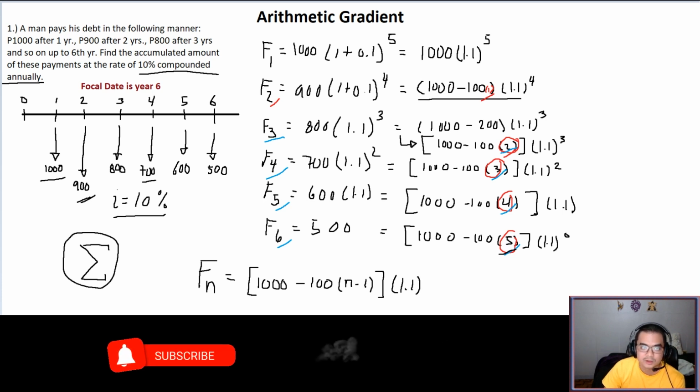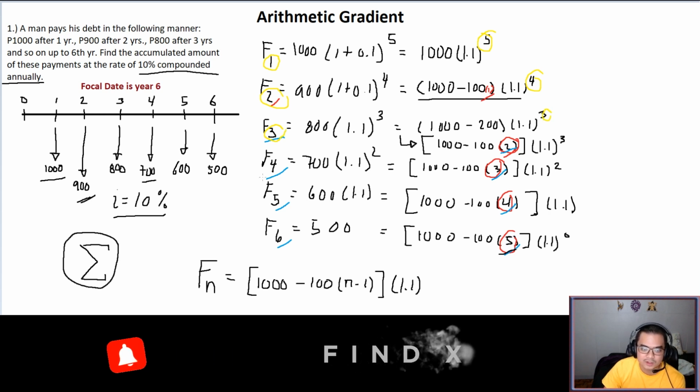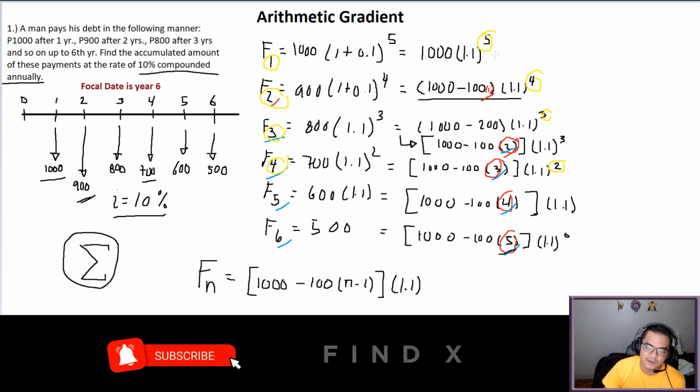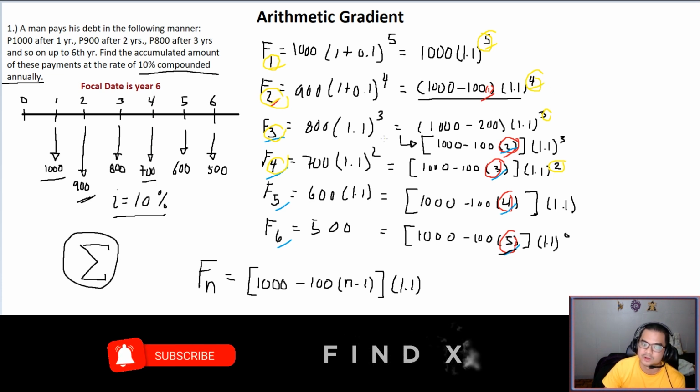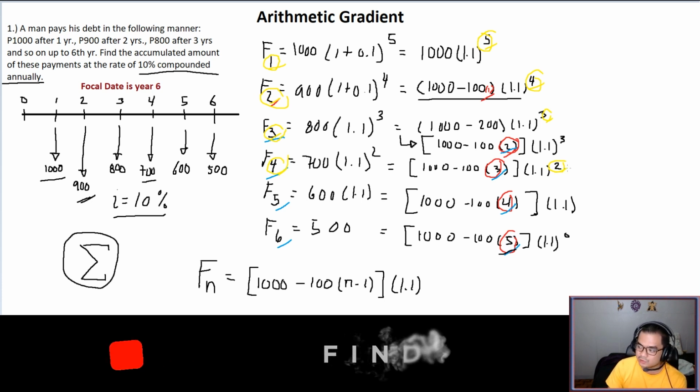1.1 raised to what? As you can see, if this is 1, this is 5. If this is 2, this is 4. If this is 3, this is also 3. If this is 4, this is 2. The sum of these two, 1 and 5, is 6. 2 plus 4 is 6. 3 plus 3 is 6. 4 plus 2 is 6. So it has something to do with 6.